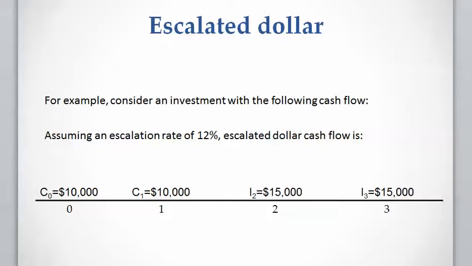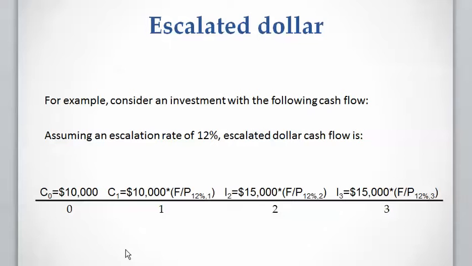As I explained in previous slides, in order to calculate the escalated dollar cash flow, we need to compound each payment by the escalation rate of 12%. So we need to multiply each year's cash flow by the factor F over P and the escalation rate.